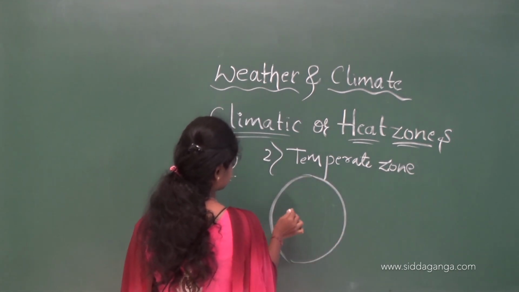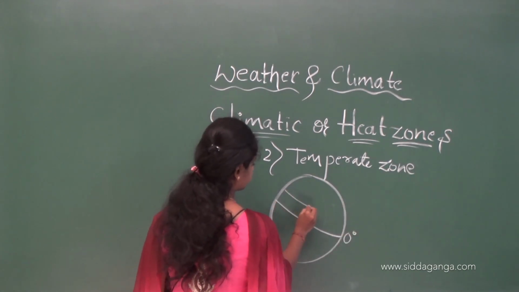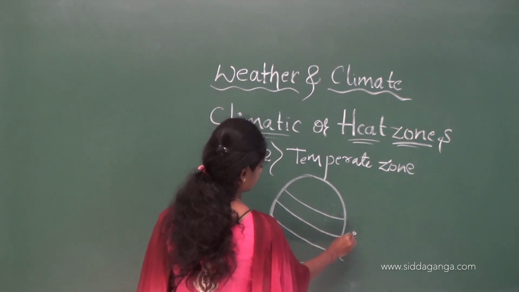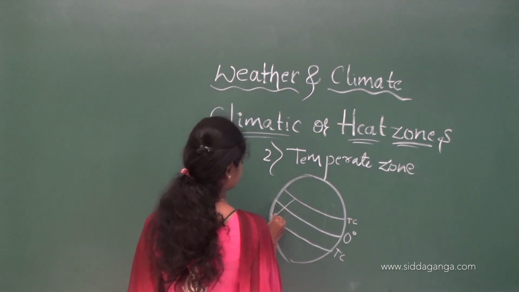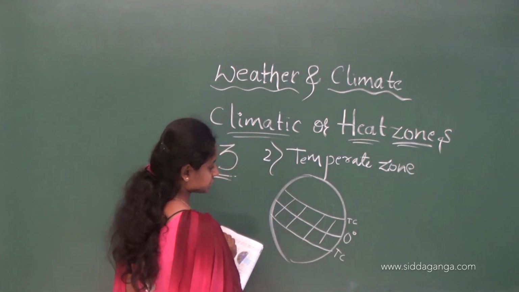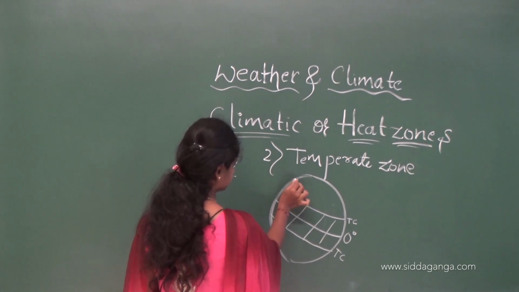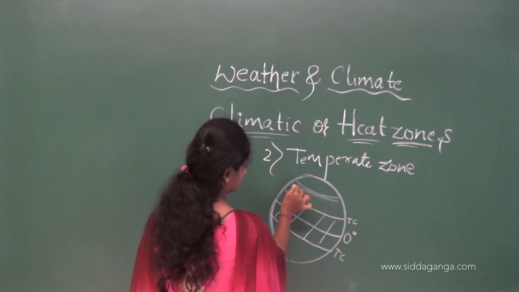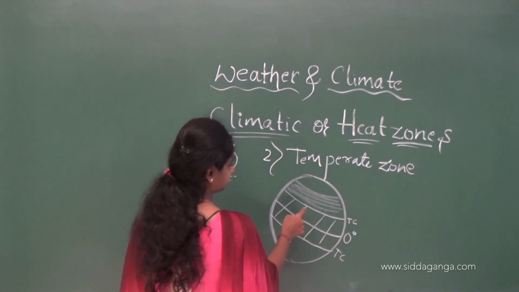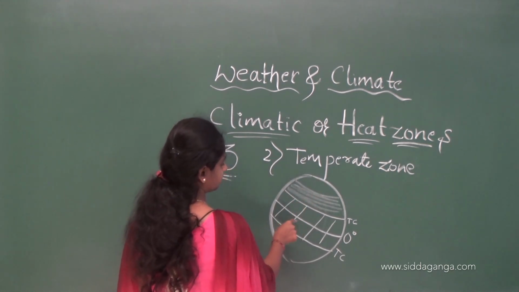So, this is the earth, this is the equator, this is the Tropic of Cancer, and this is the Tropic of Capricorn. This is the torrid region, and this area is between, this is the frigid area and this is the torrid area.